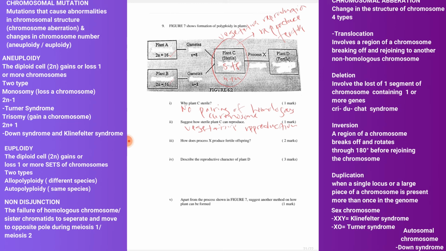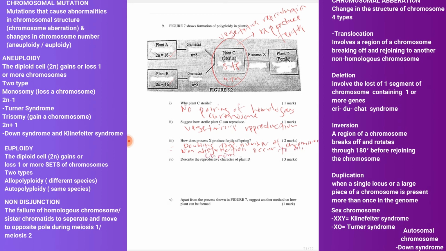Process X produces fertile offspring by doubling the number of chromosomes. How does it double the number of chromosomes? Non-disjunction occurs in all chromosomes.